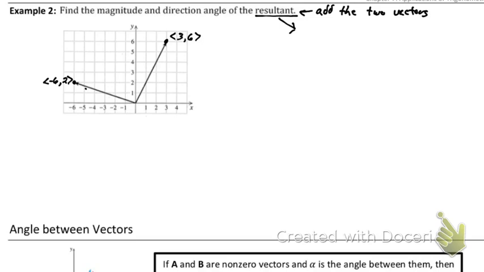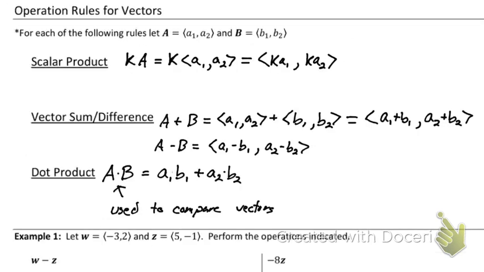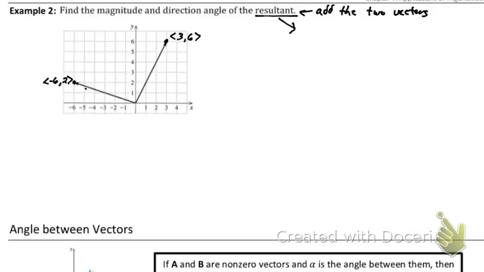All right, so we have 3, 6, and we have -6, 2. Now, to add the two vectors, we just do what we just learned, that anytime you have two vectors that you need to add, you just add the horizontal and the vertical components. So to get my resultant, we're just going to take one of the vectors. Let's take -6, 2, and add the other vector, which is 3, 6.